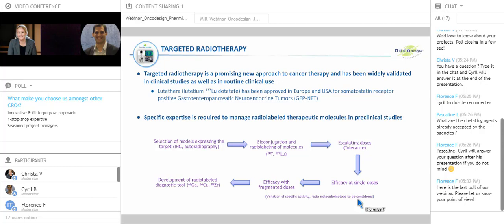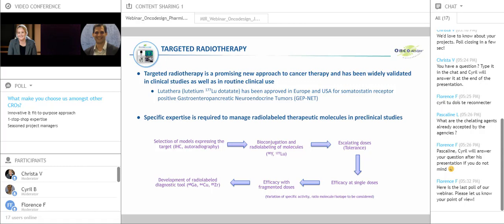And recently, for example, Lutathera, which is a peptide, dotatate, bound to lutetium-177, has been approved in Europe and in the US for GEP-NET tumors, the gastroenteropancreatic neuroendocrine tumors. Dotatate is in fact a ligand for the somatostatin receptor.